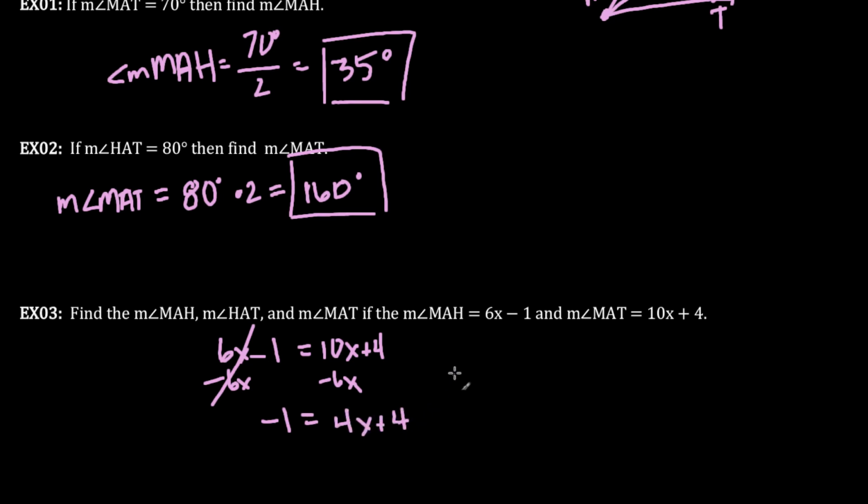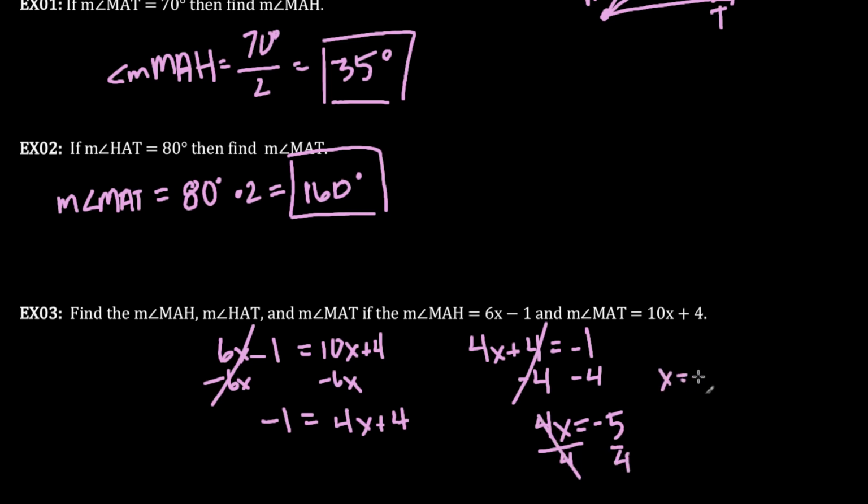4x plus 4 equals negative 1. Take away 4. 4x equals negative 5. Divide by 4.